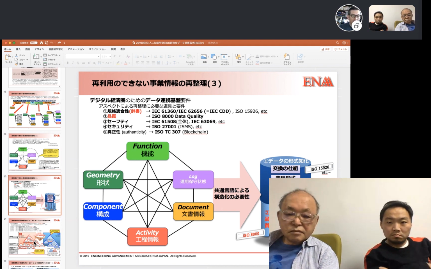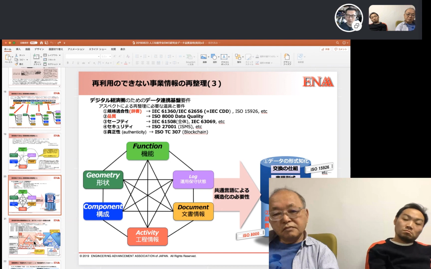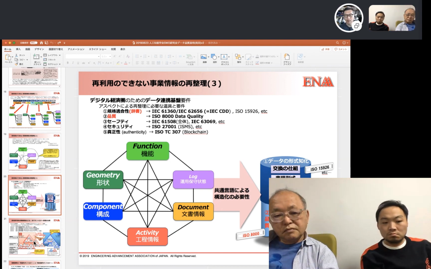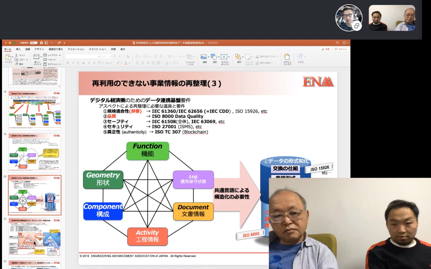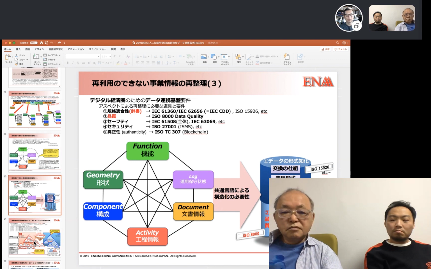If we move from an unstructured world to a structured world based on the international standard dictionary, then everybody can exchange information without any negotiation before the exchange. That brings us the truly digitally transformed world.